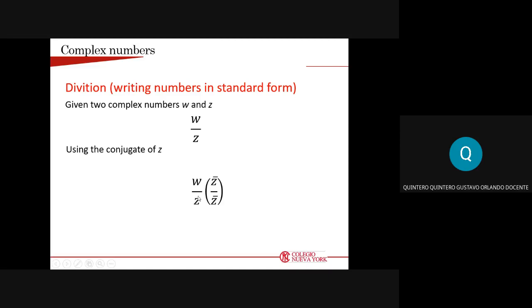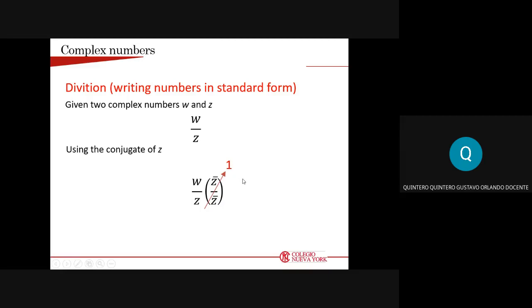No matter what the denominator is, we're going to multiply up and down by the conjugate of the denominator. Why is this possible? Because this is the same number, so this is a 1. Whatever divided by the same whatever is 1. So we are effectively multiplying the division by 1. So we're doing nothing. Neat trick.